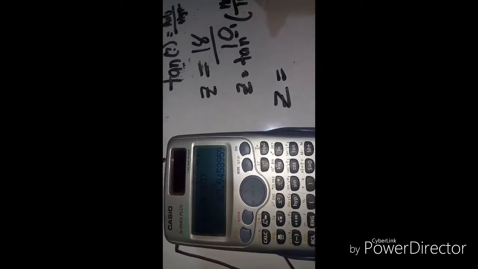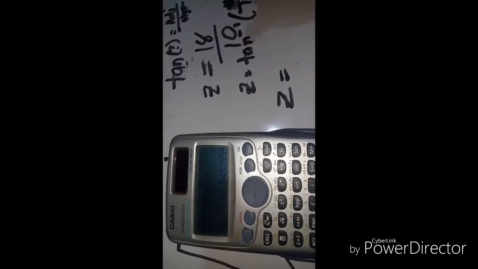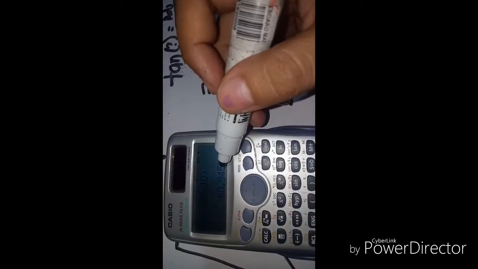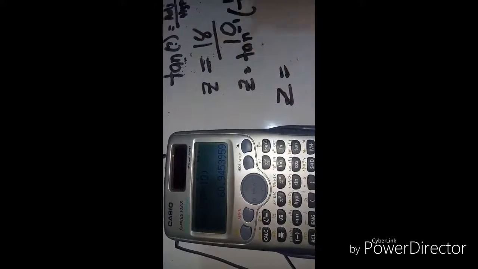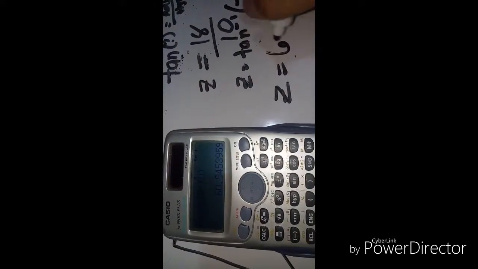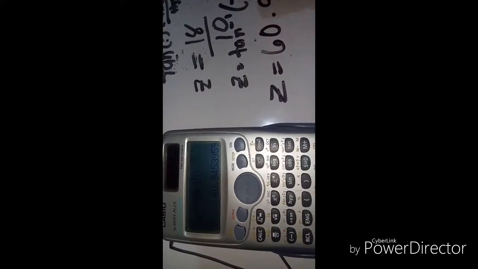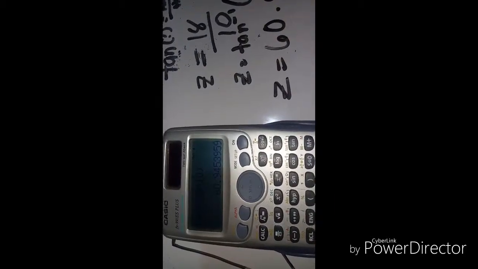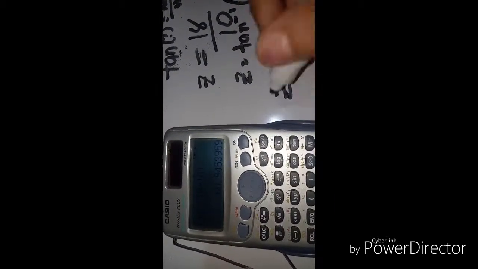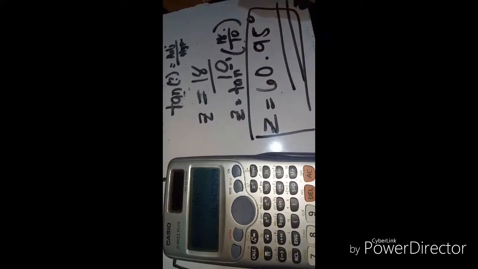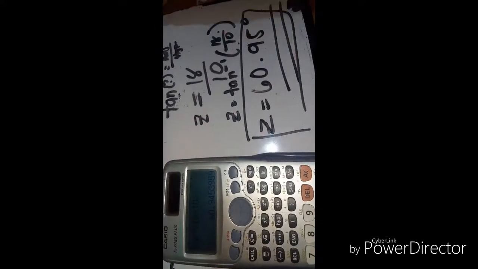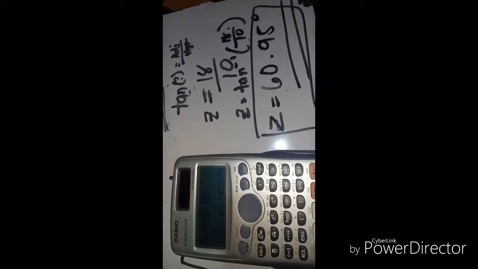So we're going to get the 2 decimal points, and since it's 5 or greater, we're going to round it up, so it will be 60.95 angle. So this is our angle now, 60.95 angle.